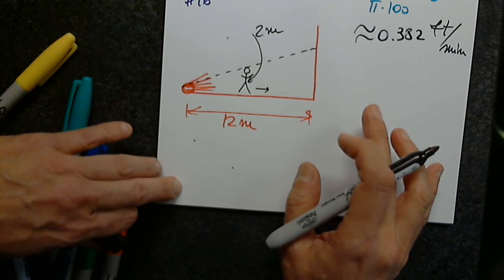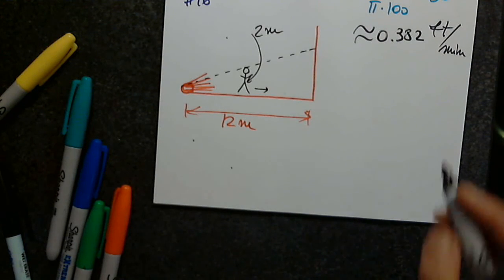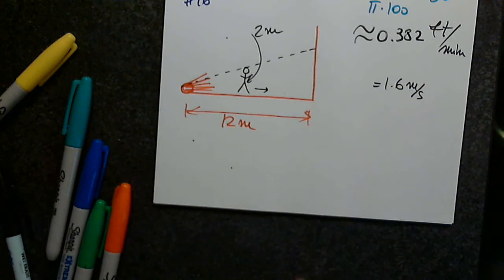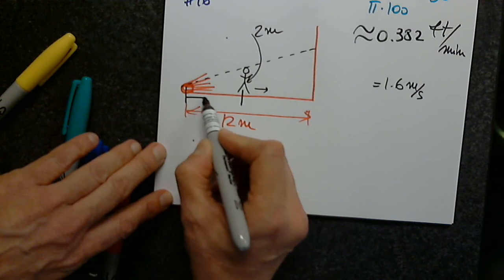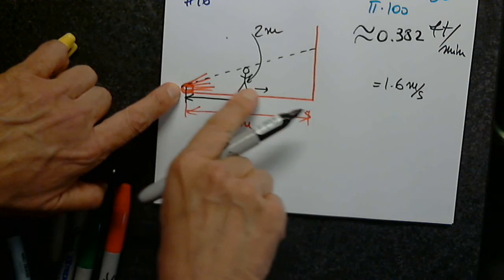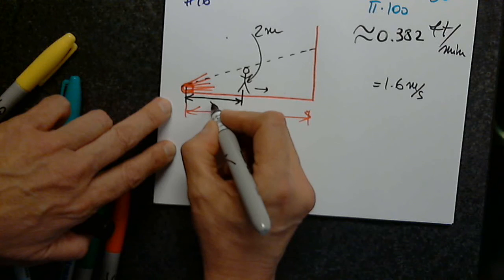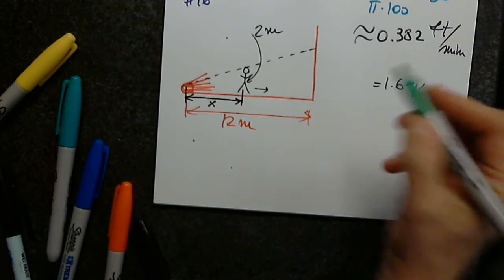And he walks this way at the speed of 1.6 meters per second. We have to establish what this is, and I have to use a notation. He started right here at the spotlight, and he's walking towards the building or the wall. So I would denote this by, let's say, x. And I know now what 1.6 meters per second represents: dx over dt.